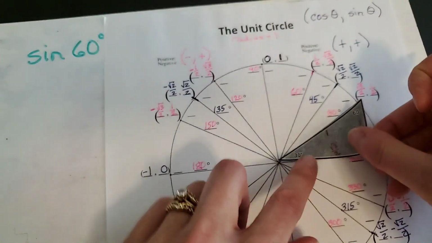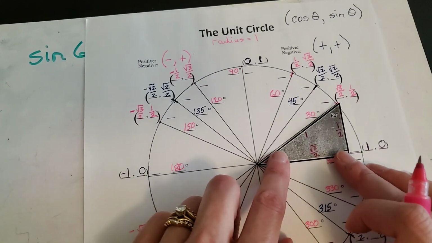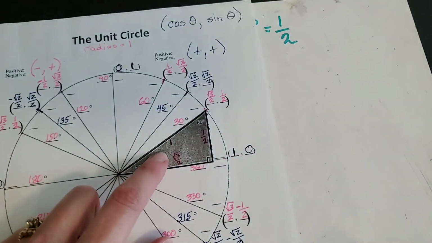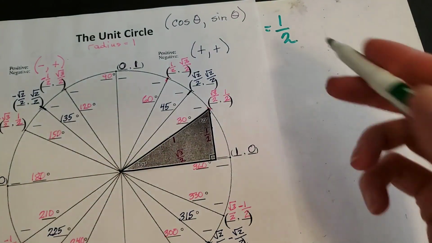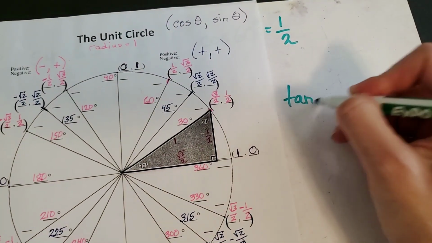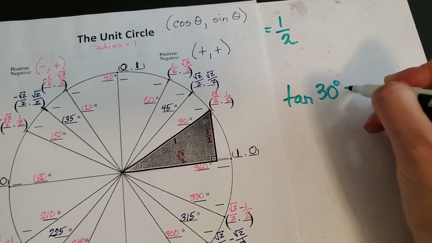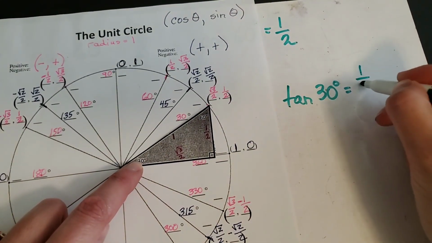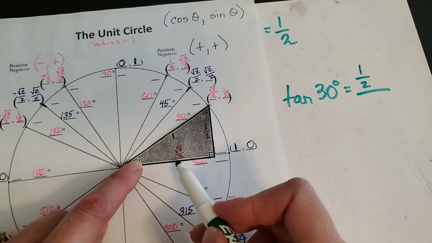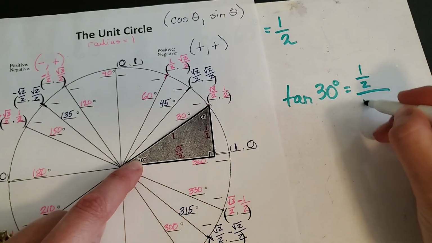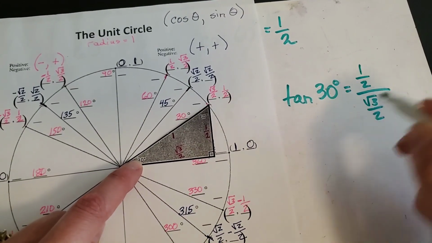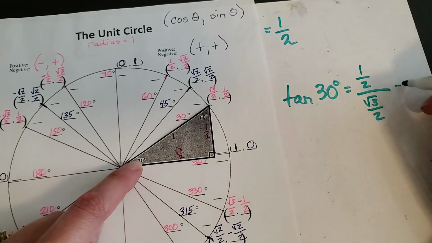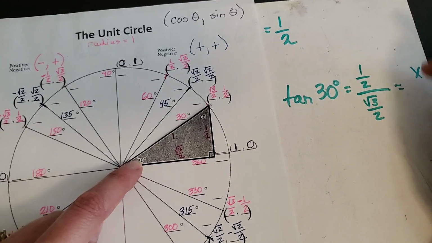If I want to find the tangent of 30 degrees, that's the opposite. Opposite's 1/2. Over the adjacent. Well, the adjacent's root 3 over 2. Notice that is the x coordinate. I'm sorry, the y coordinate.